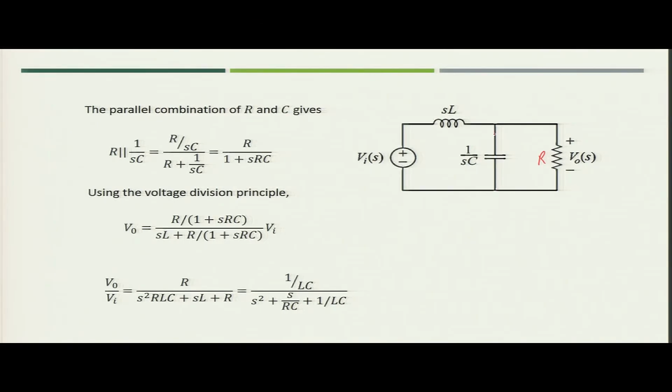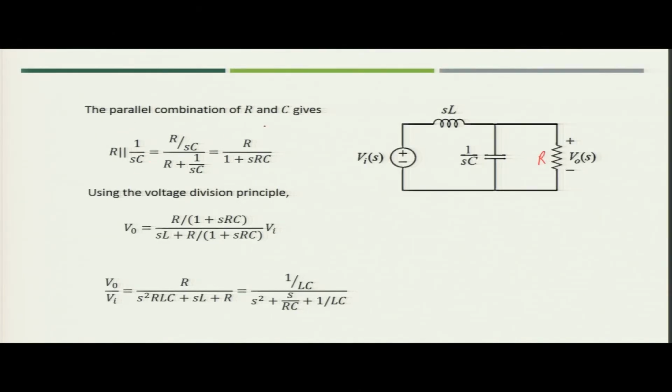Now, the capacitor and the resistor are in parallel, and this voltage would be applied across both components because both are in parallel. So, we can find the equivalent impedance of this parallel combination.